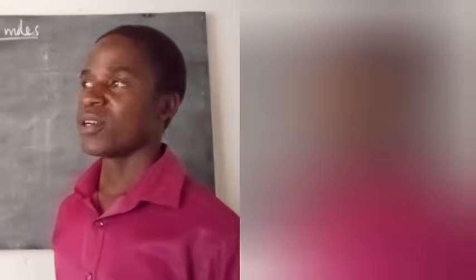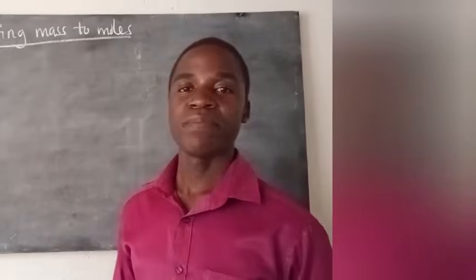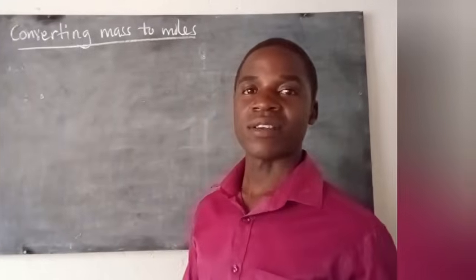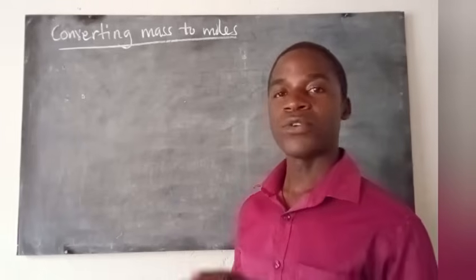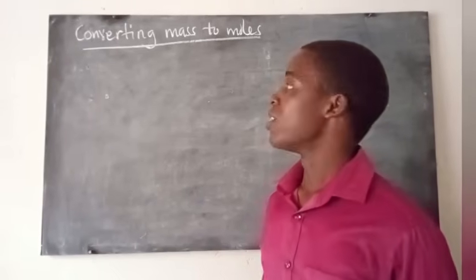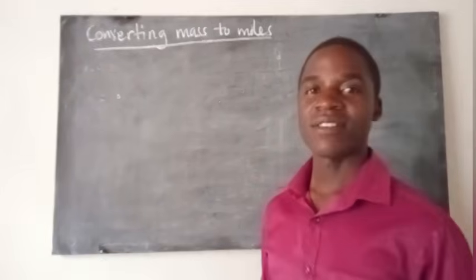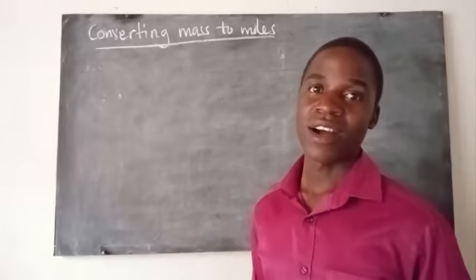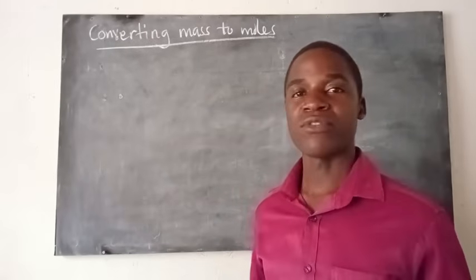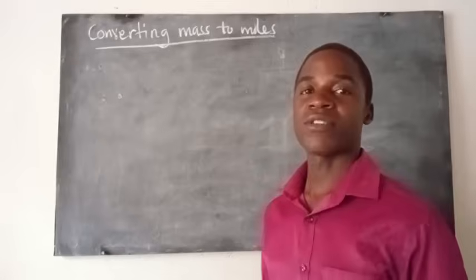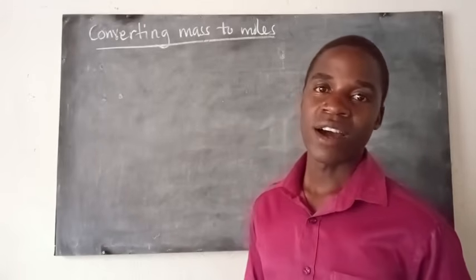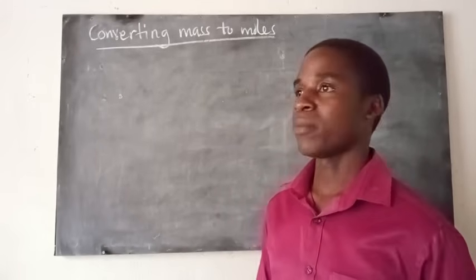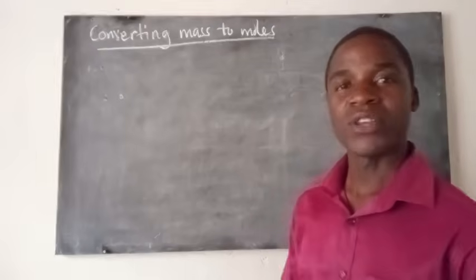If you want to convert masses to moles, you have to remember the relationship that relates the mass and the moles, which says that always one mole of any substance is equivalent to its relative molecular mass. Or in terms of mass, 1 mole of a chemical substance weighs its RFM, or relative formula mass, or relative molecular mass, or it can be molar mass.